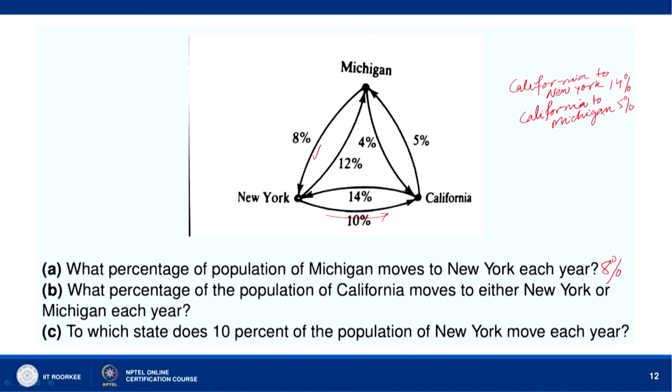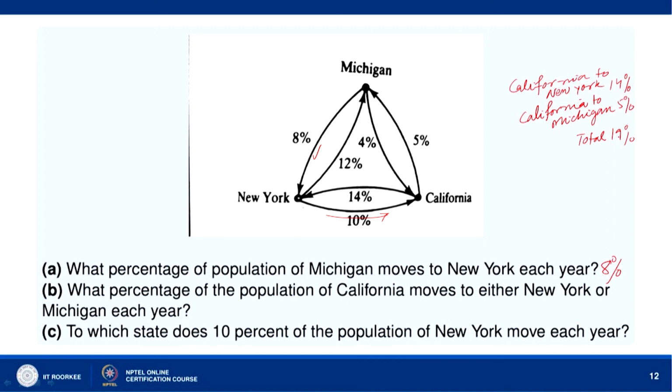So, the percentage of the population of California which moves to New York or Michigan is 19%. So, 19% of the California population moves either to Michigan or to New York each year.